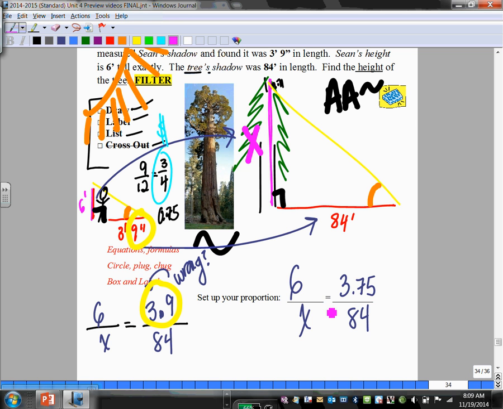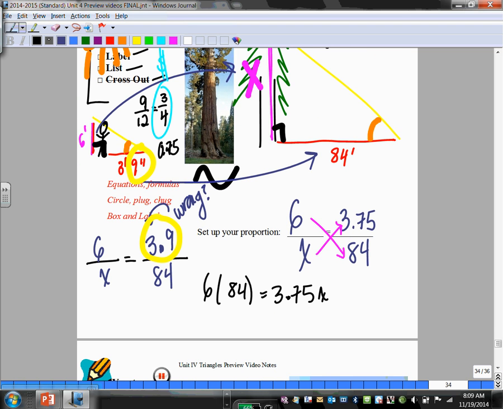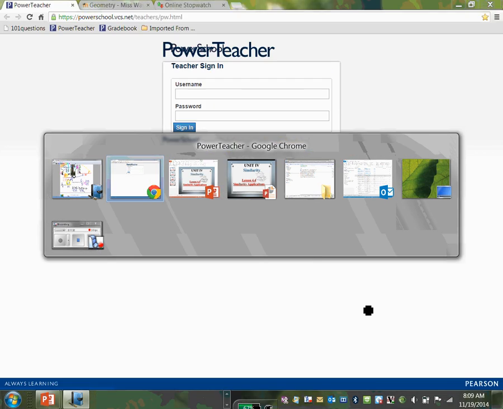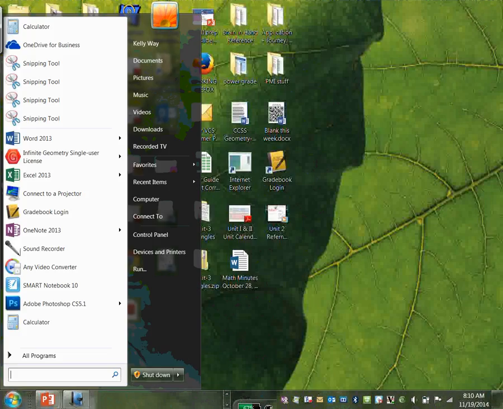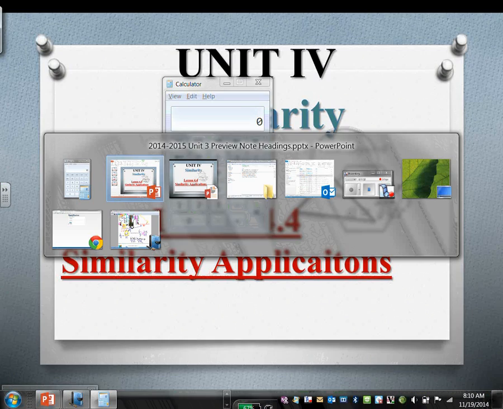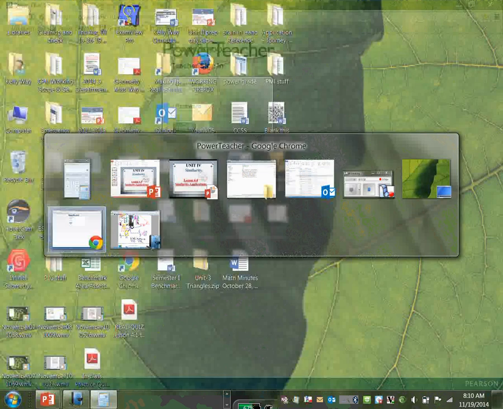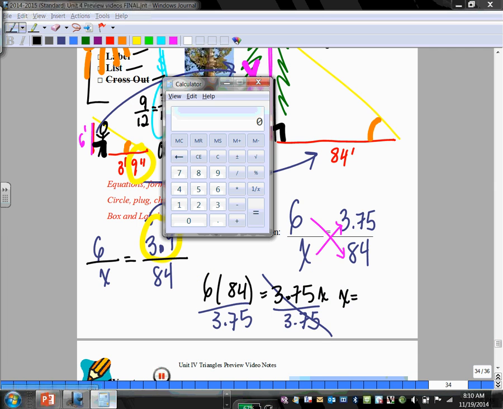Now you cross multiply and solve. So here we're going to do 6 times 84 equals, make sure you hit the equal sign, divided by 3.75.